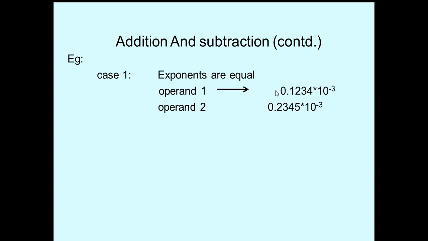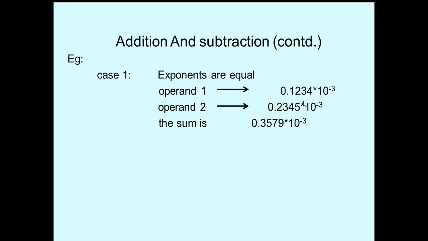So addition and then subtraction. For case 1, here in this example, exponents are equal, 10 power minus 3 and 10 power minus 3. So if the exponents are equal, then we can do the operation like this.